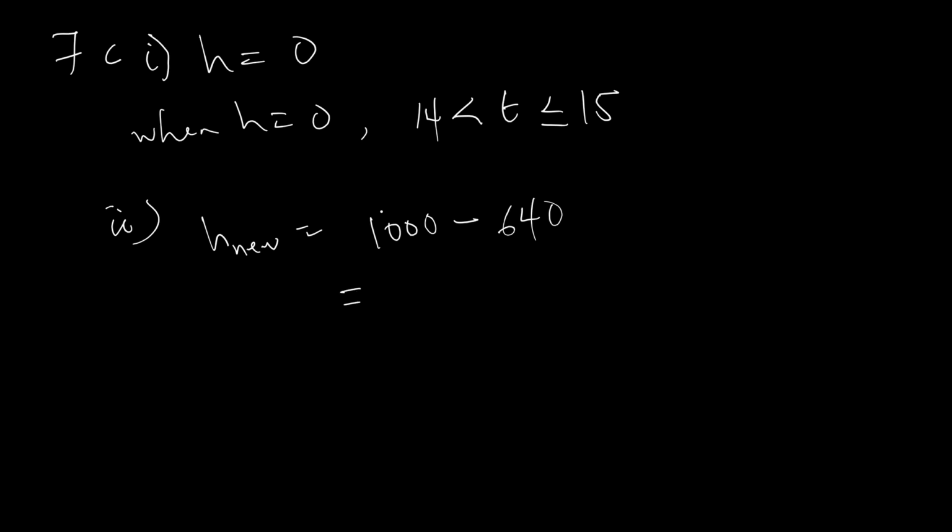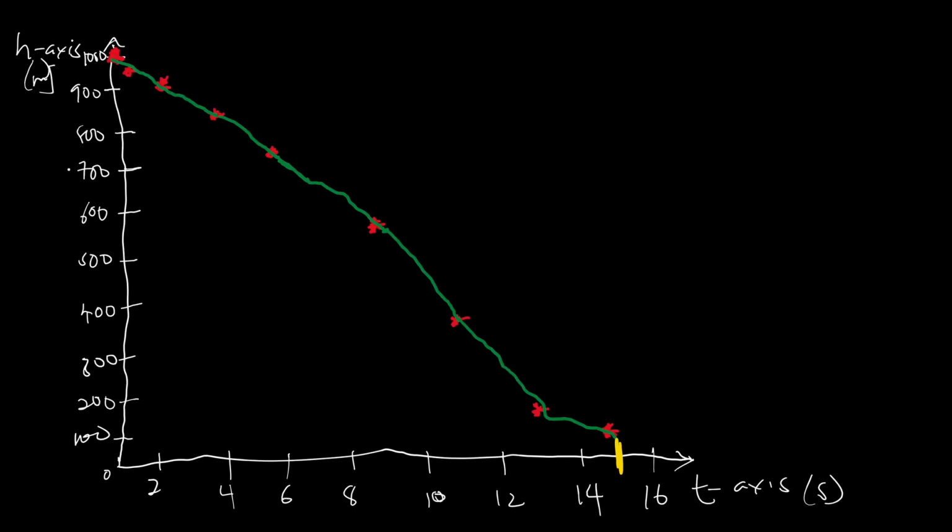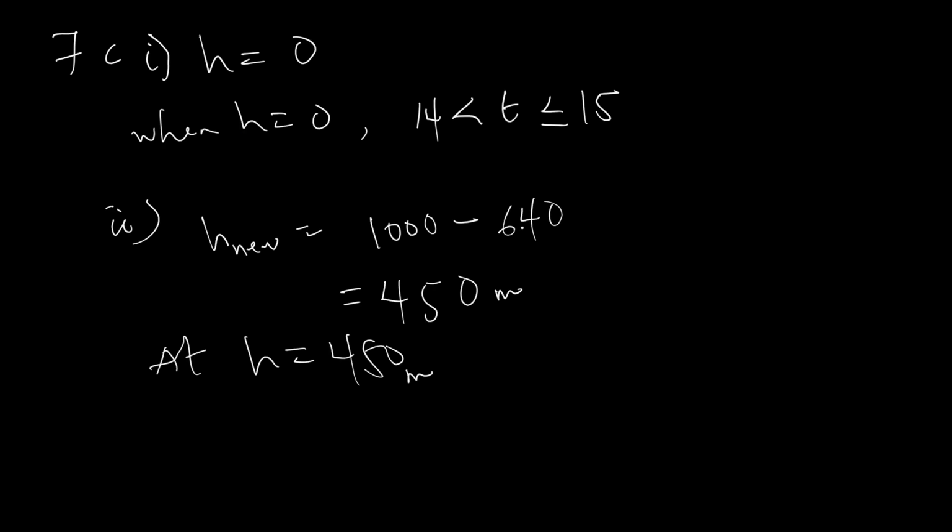And when you do the subtraction, you should get 450 meters. Hmm, rather 360 would be the exact subtraction, but reading from the graph: at h equal to 450 meters, what will be our time? So 450 should be somewhere here. So at 450 meters, our t should be 10.4 seconds. So t should be equal to 10.4 seconds.